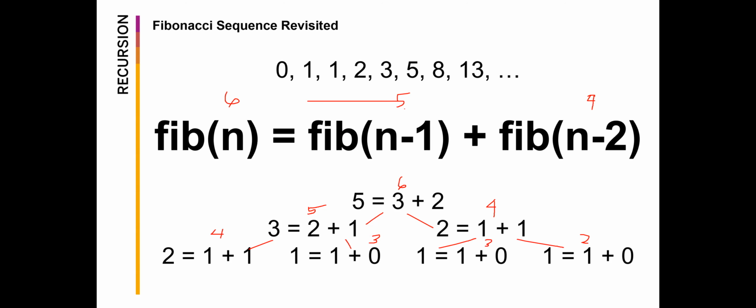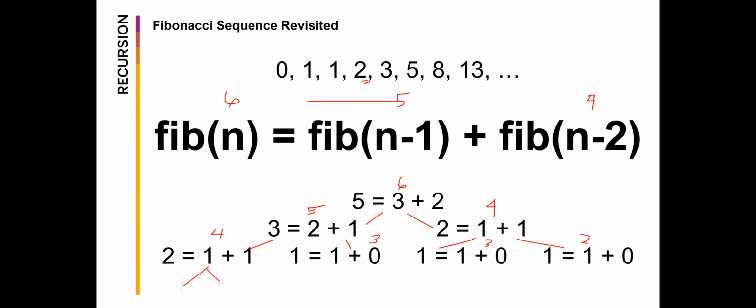The second element in the sequence is 1. The third element is 1. So we arrive at 2, which is the fourth element. For this case, we have the 5. We split it down to 4, where the fourth element is 2 and the third element is 1. We can split it down further.